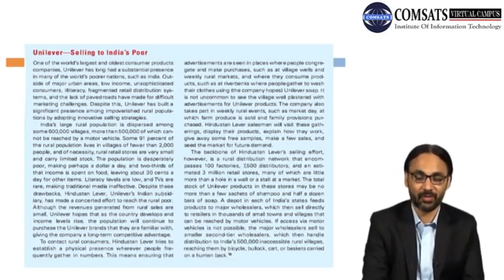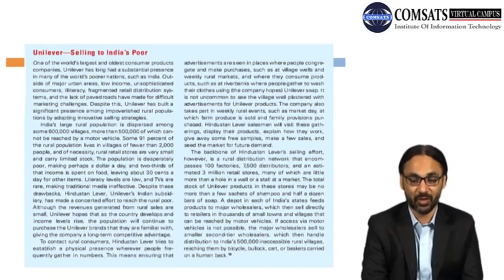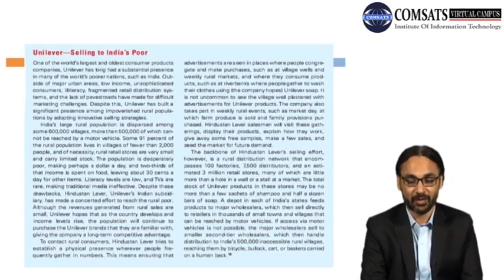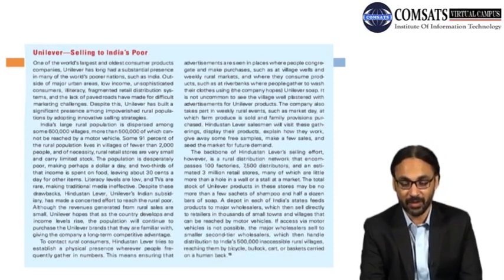The backbone of Hindustan Lever's selling effort, however, is a rural distribution network that encompasses 100 factories, 7,500 distributors, and an estimated 3 million retail stores, many of which are little more than a hole in a wall or a stall at a market.